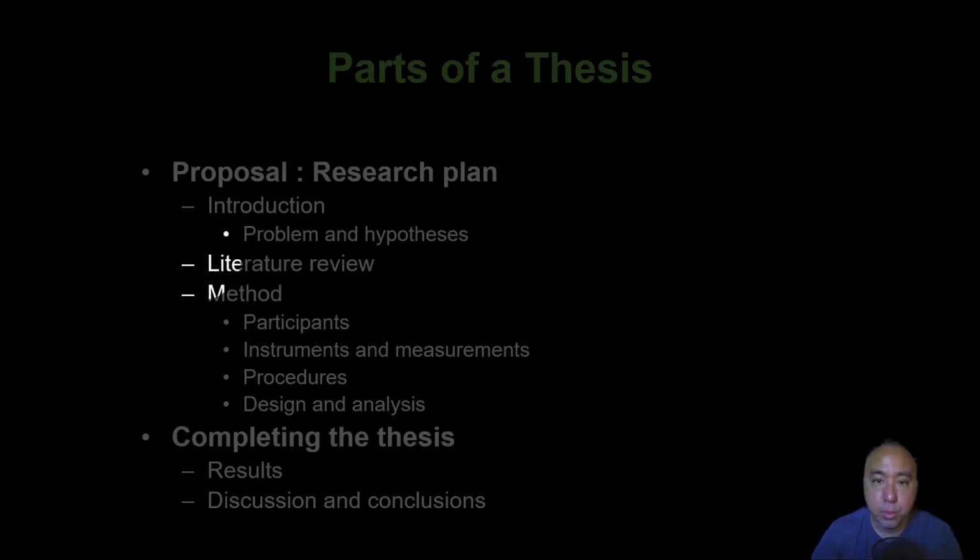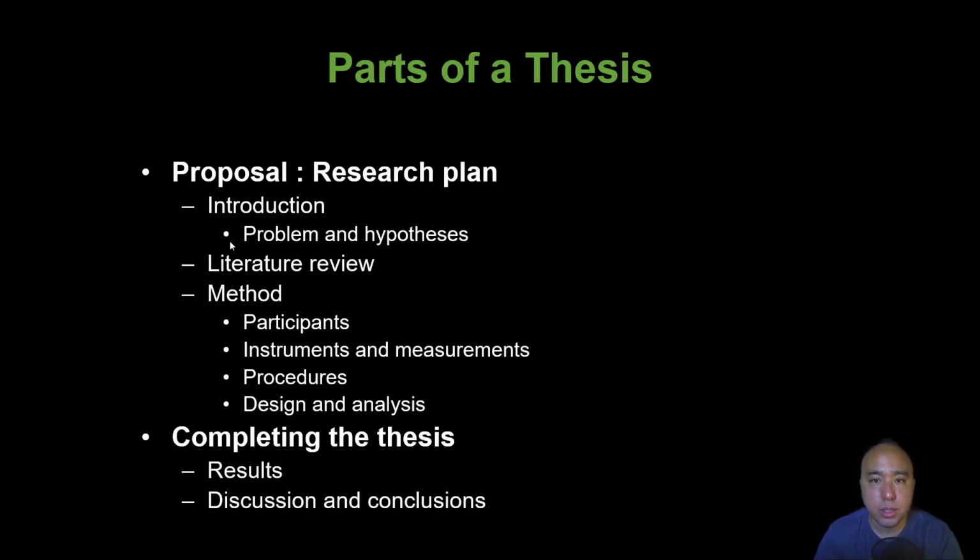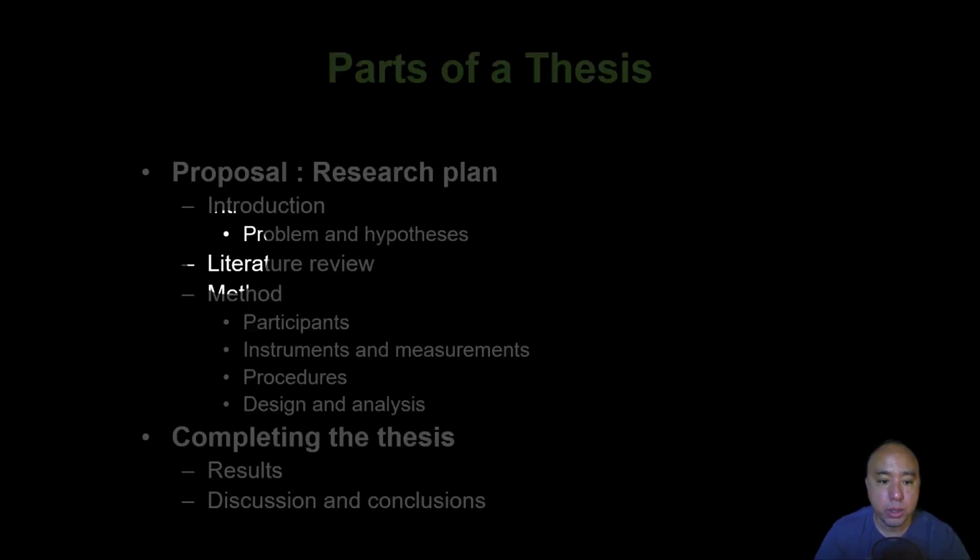These are obviously important parts of your thesis, of your proposal. The introduction and literature review describes the background on which your research study is based. It provides a review of existing data in the current literature, as well as identifies gaps in the literature. So ultimately you come up with the purpose of your study, as well as the hypothesis you wish to test.